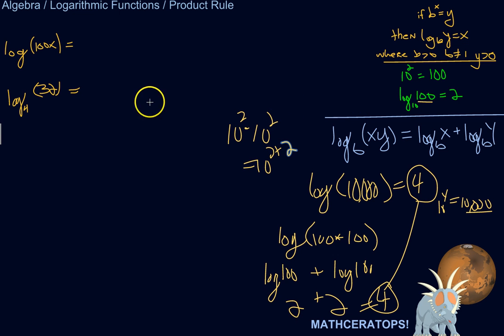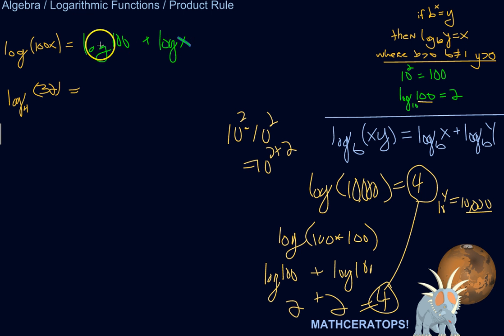All right, so let's apply this product rule on a couple of examples. So log, again, I don't specify the base here, so it's assumed that it's base 10. So log of 100x is equivalent to, by this product rule, log base 10 of 100 plus log base 10 of x.